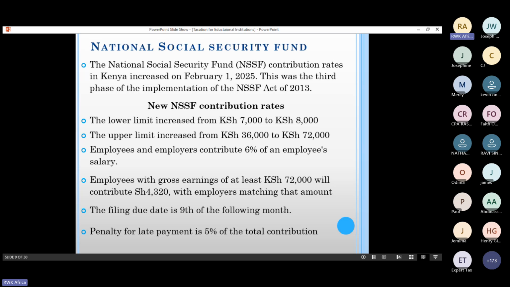So let's say after you have done your computation, you're supposed to pay 50,000 for the NSSF, and you fail to observe the timelines and you pay late, you're going to be subjected to a penalty of 5%. So even the statutory deductions have penalties, not just the major taxes that you have seen. Even these deductions have penalties which are costly for the business.